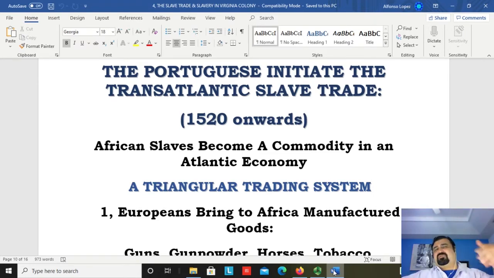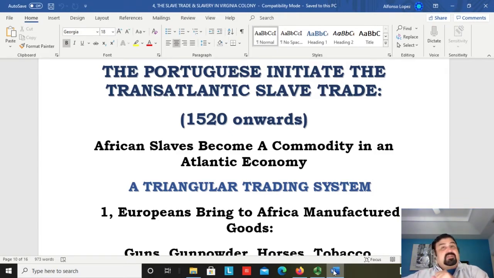And what the Portuguese do is that they provide the labor to their own plantations in Brazil, but they also are the ones that are selling the labor to the Spanish that are growing sugar in the Caribbean islands, or growing sugar in Central America and South Mexico.